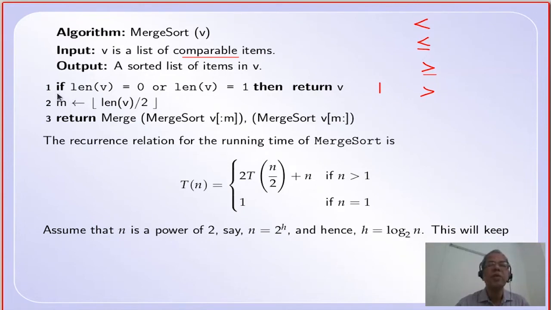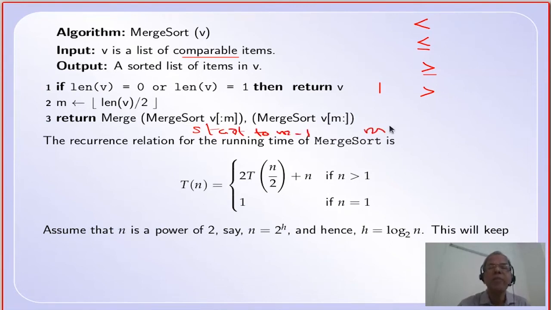Otherwise, you know by now that there is no need for else, it is redundant. If you put else, nothing wrong, but even if you don't put else, perfect. Because if the if clause is true, the control will never come here. M is length of V by 2. Then we take the first half of the list. This means V from start to M minus 1.